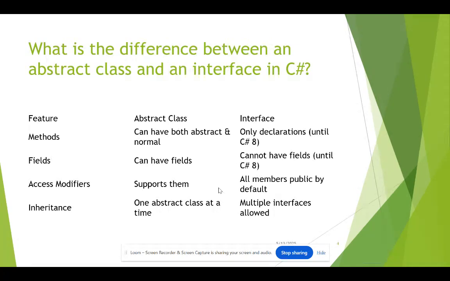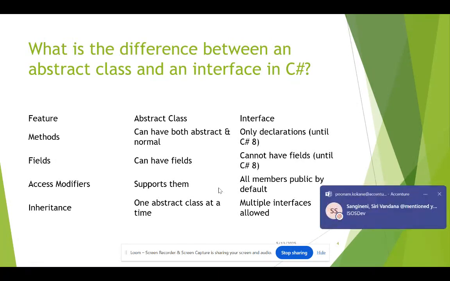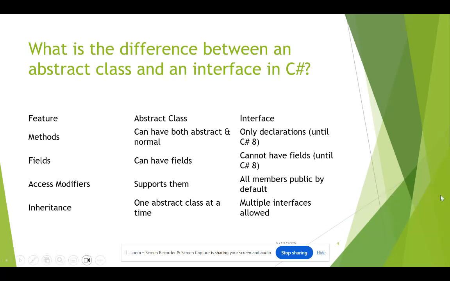Regarding access modifiers, abstract classes support the access modifiers, whereas all the methods in interfaces are public by default. Inheritance: only one abstract class at a time, whereas multiple interfaces are allowed in the case of interfaces.